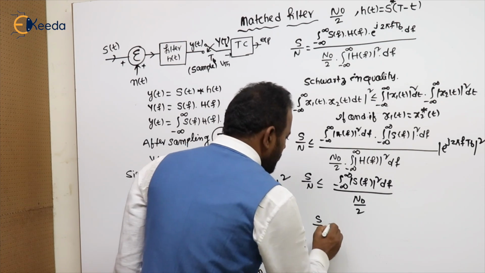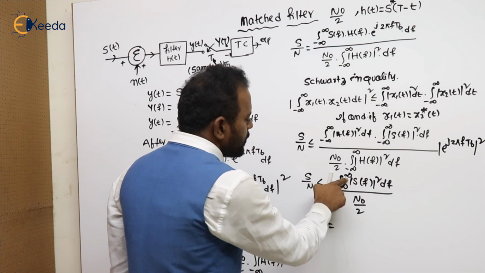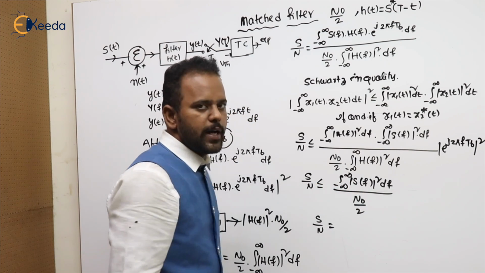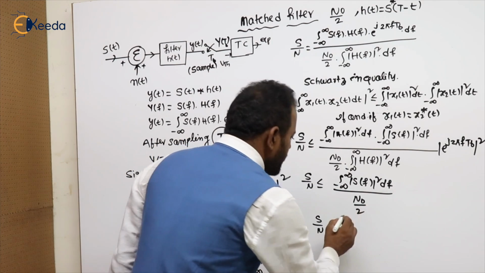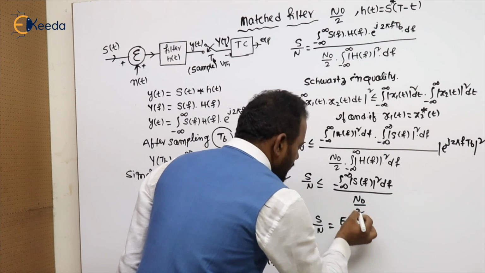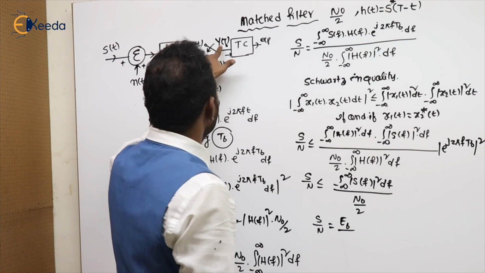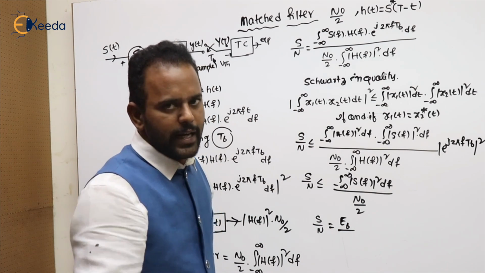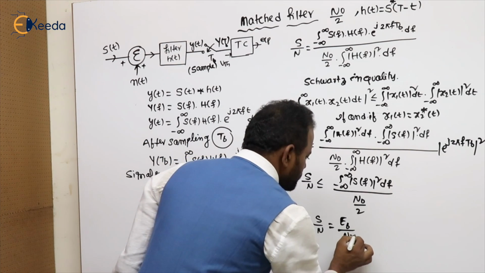What is the max value? It is the integral from minus infinity to plus infinity of mod S(f) whole square, the power spectral density of the input. The integral means the area, that is the energy of the input signal, because both are of duration Tb. So I call it the energy, divided by N naught by 2.